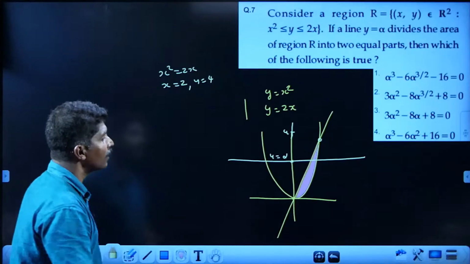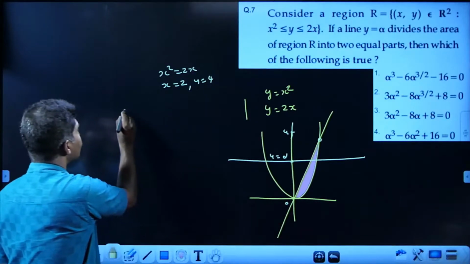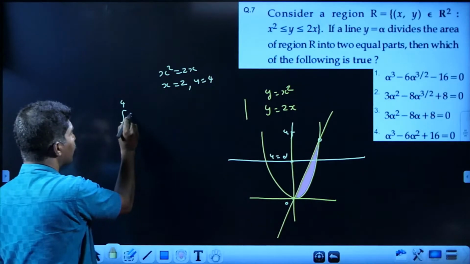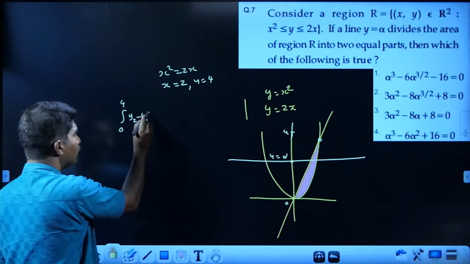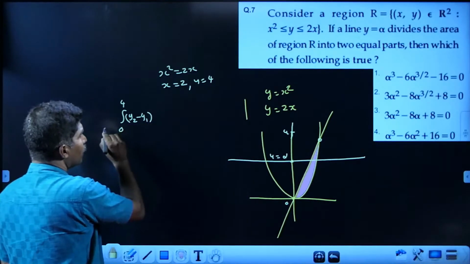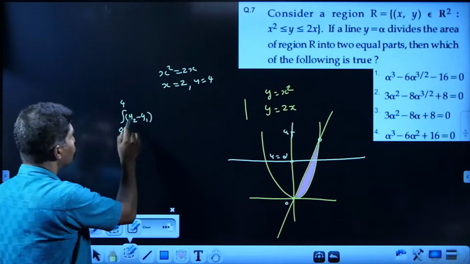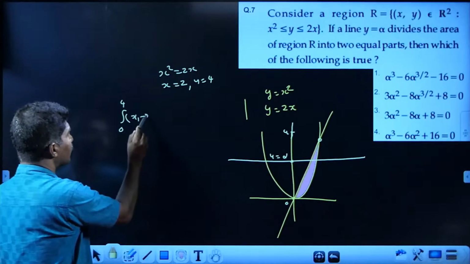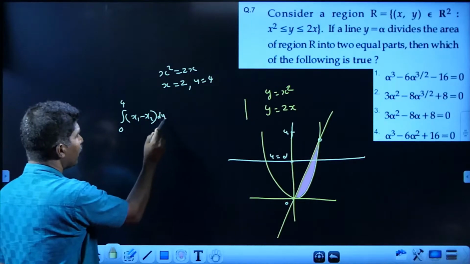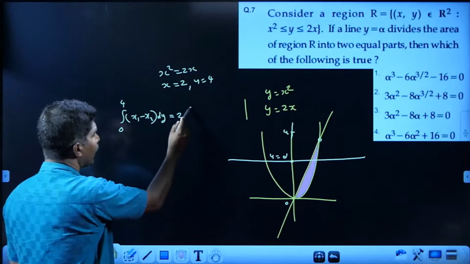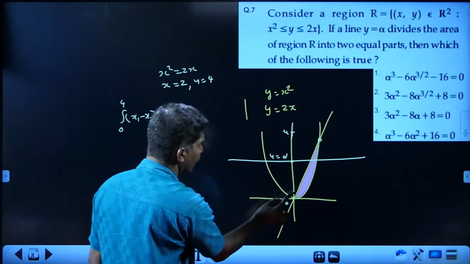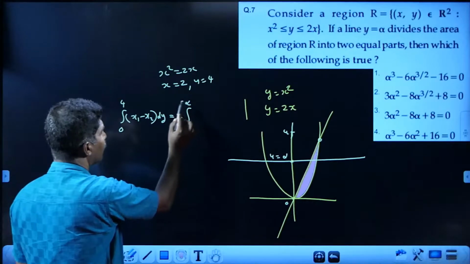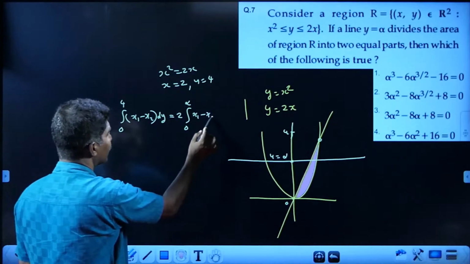Therefore, from here, integral 0 to 4 of (x1 minus x2) dy, you have to integrate with respect to y, is equal to 2 times, since the total is twice this one, integral 0 to alpha of (x1 minus x2) dy.